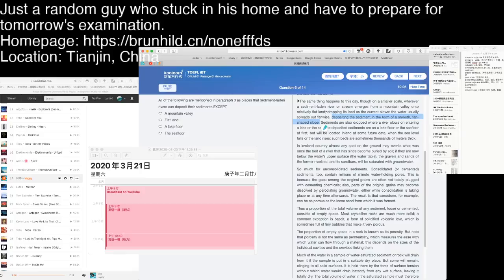The lake floor, no. It's where the river slows on entering a lake or sea. So C and D are right. Flatland is probably right. A mountain valley is probably not, because it's a smooth, fan-shaped slope. It's a slope, not a valley. So we're going to choose A. Next.